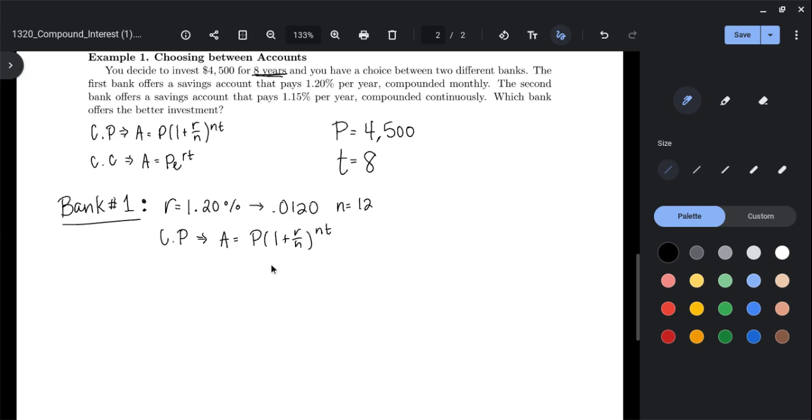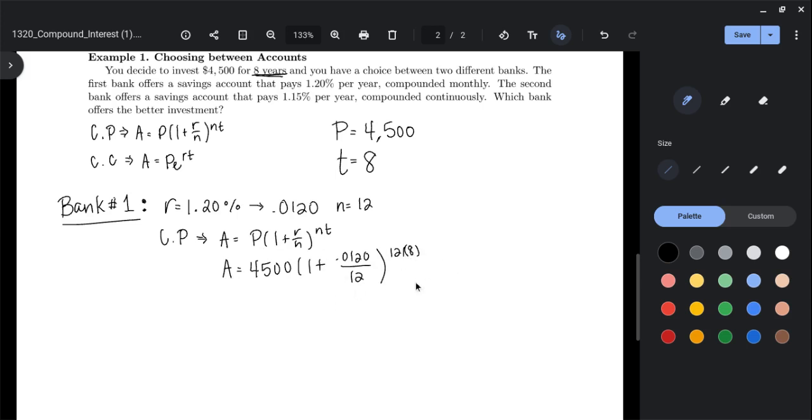So let's go ahead and plug in what we know. So we have P is our 4,500. R is our interest rate of 0.0120. N is monthly compounded. And then our T is 8.